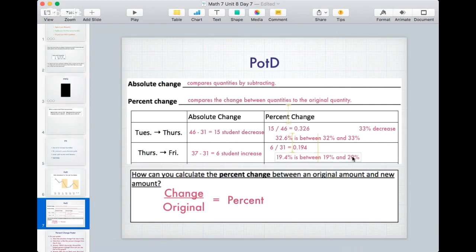But 19.4 is going to be closer to the 19% than the 20%. So estimated to the nearest percent, this would be a 19% increase in homework club population.